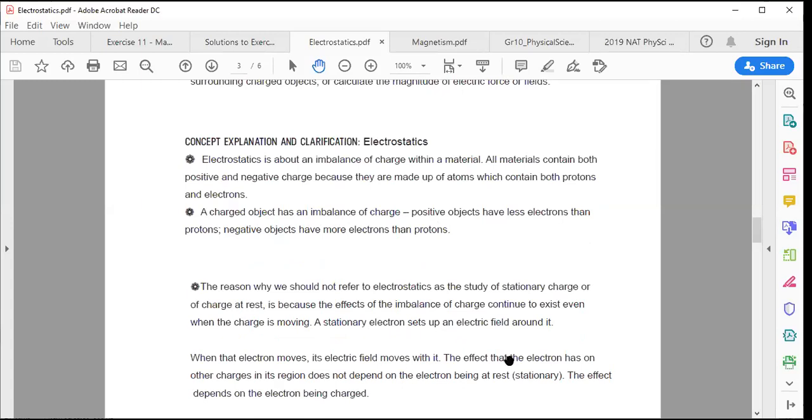So just to explain this, let me see if I can put the whiteboard here. Okay. So for example, if we've got an object, we've got positive charges, maybe 4. Then we've got electrons, 1, 2, 3.